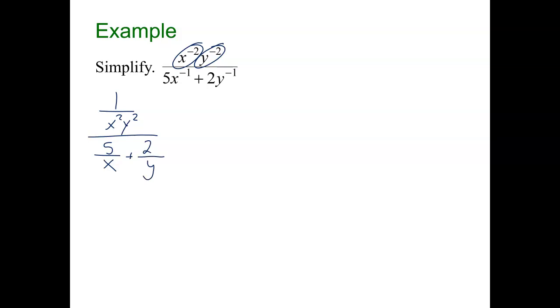So now I have two fractions in my denominator that are being added together. So I want to find my least common denominator of all of my fractions, and I want to multiply everything by that. So if I have x squared, x and y, what is my least common denominator?